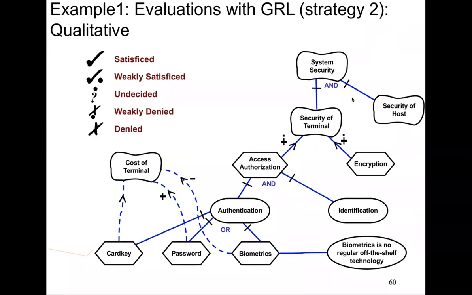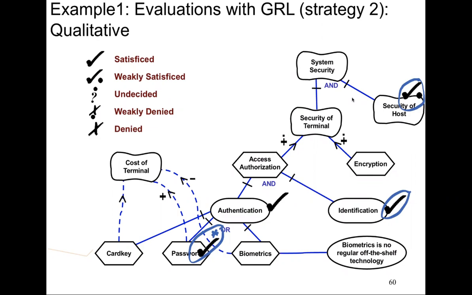For the same goal model, I will try now a different strategy. So I will assume that password, I'm going to say this is star as initial, is fully satisfied, security of the host is weakly satisfied, and authentication is fully satisfied. Because it's an OR relationship, the authentication also will be fully satisfied. And we have an AND relationship between the authentication and identification.